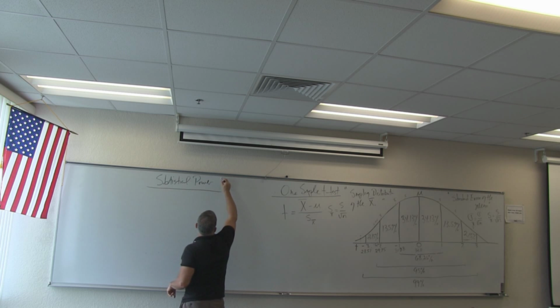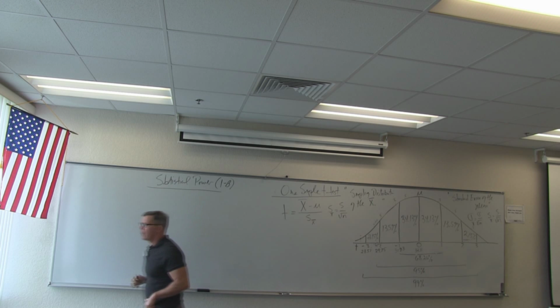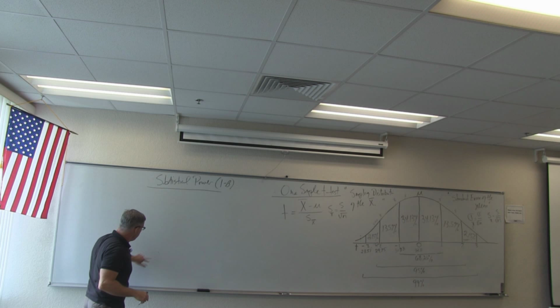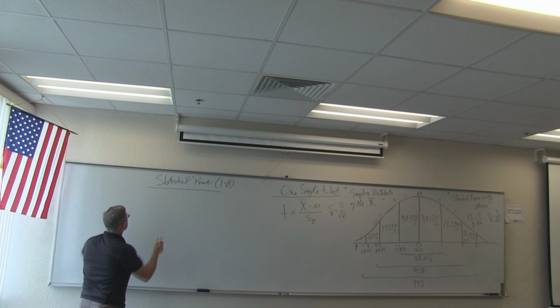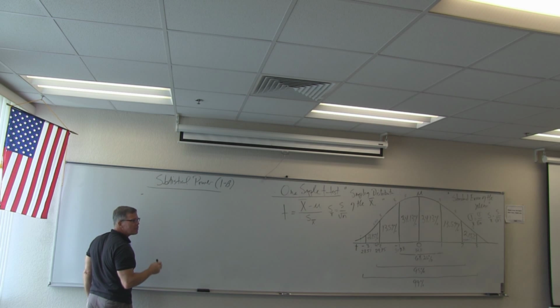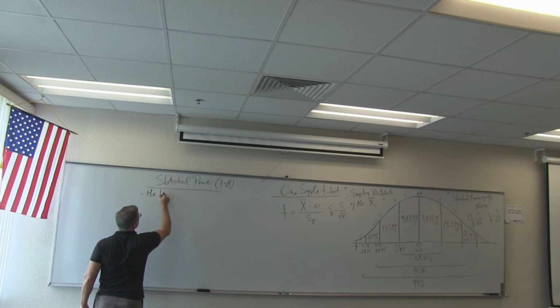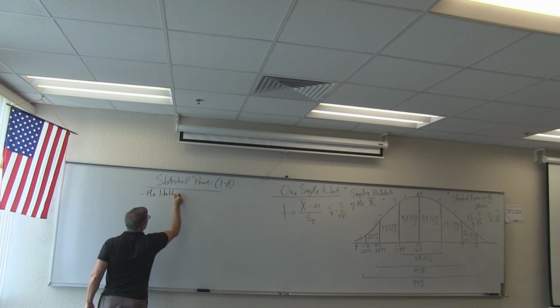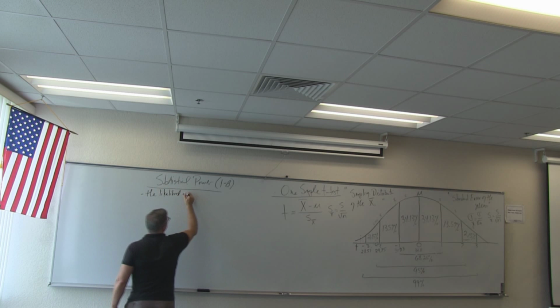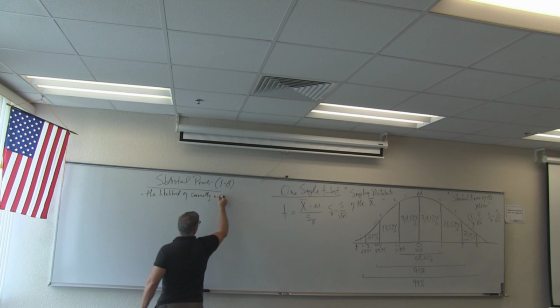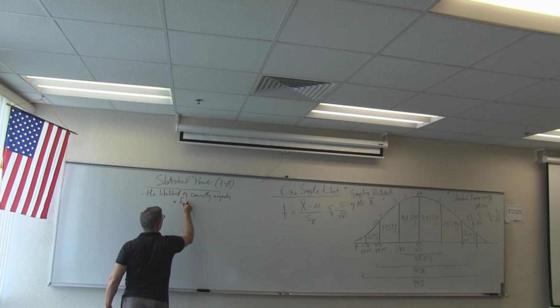Just symbolically, we represent power as 1 minus beta. Statistical power is thought of as the likelihood of correctly rejecting a false null.